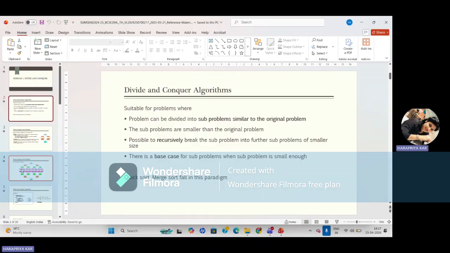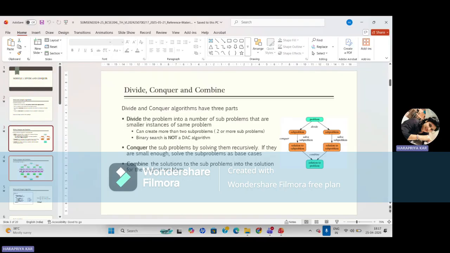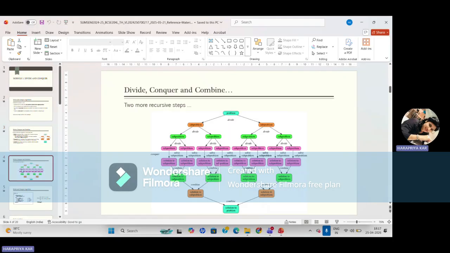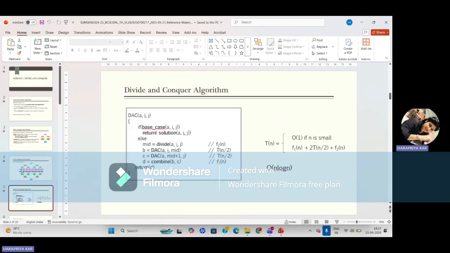Then we covered the three main parts involved in the divide and conquer algorithm: divide, conquer, and combine. Then we checked certain examples, the algorithm, and the time complexity of divide and conquer algorithms. This is also very important whenever we are trying to understand an algorithm concept.